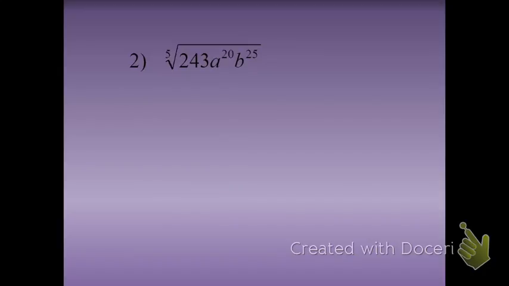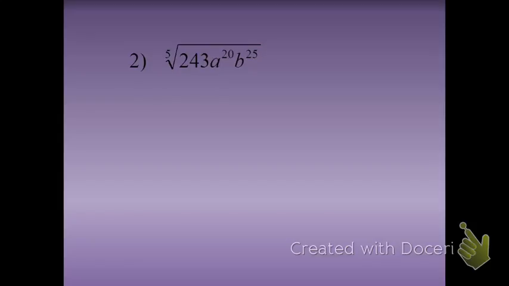Alright, number 2. The 5th root of 243, a to the 20th, b to the 25th. First off, notice you have an odd power, an odd index, so your absolute value bars are not needed whatsoever since you don't meet this one. Moving forward, you have 243, a to the 20th, and b to the 25th.